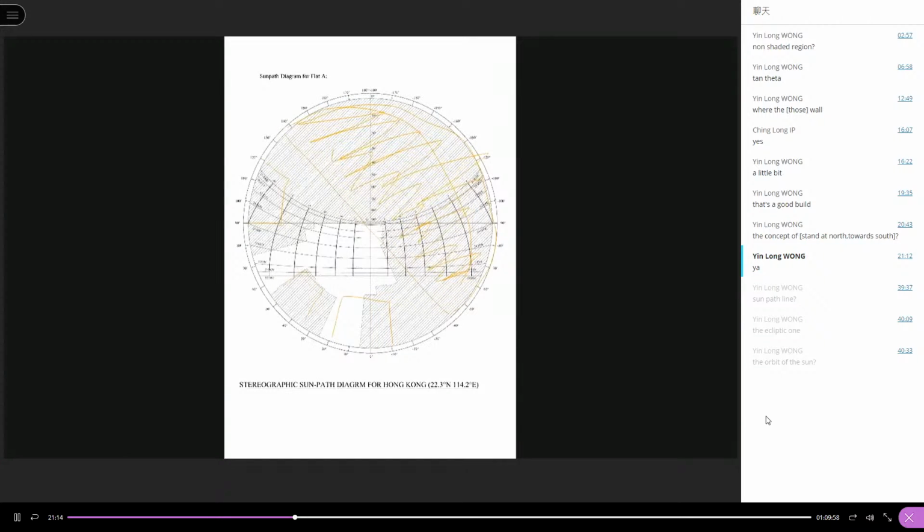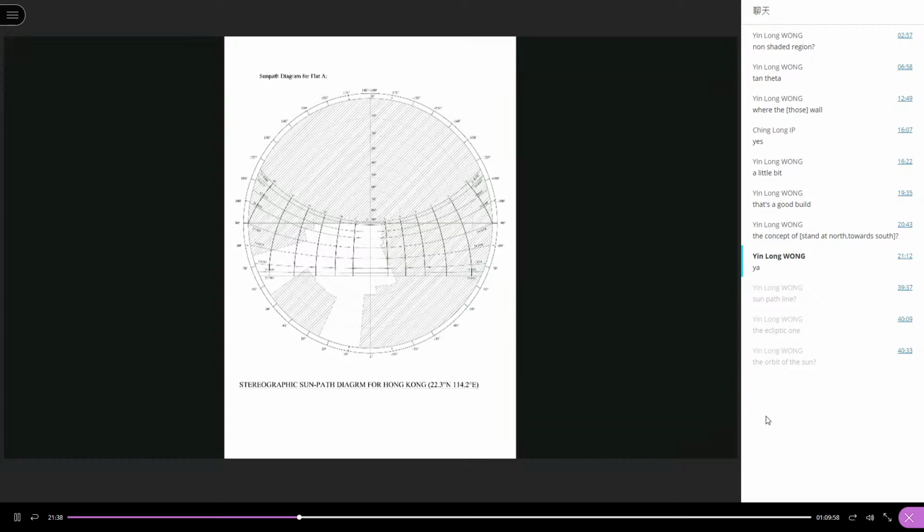Yeah. So actually, this is an example showing the difference in sunlight availability for a window facing south and facing north. So for flat A, it is 坐北向南, so it is a window facing south.